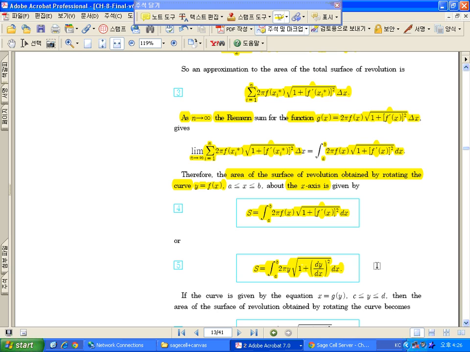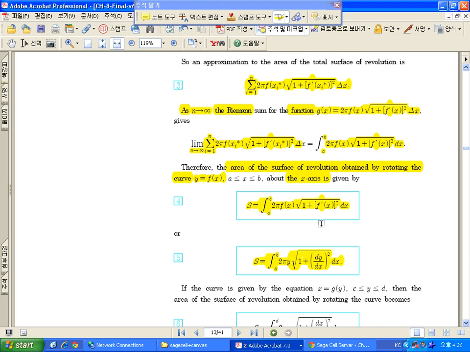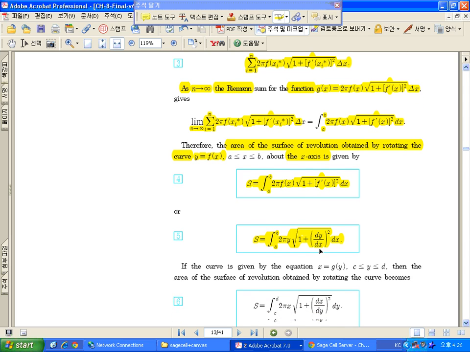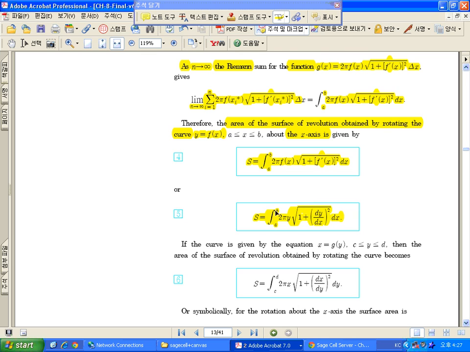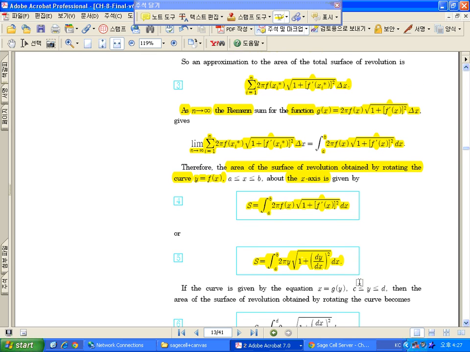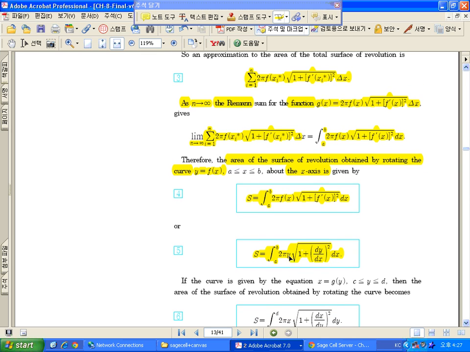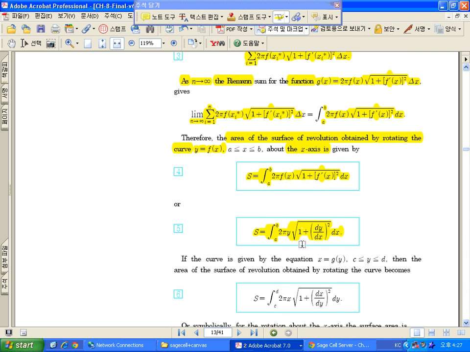And this f prime of x can be written as dy over dx. So we have the formula with these observations: 2π y times the square root of 1 plus y prime squared dx.